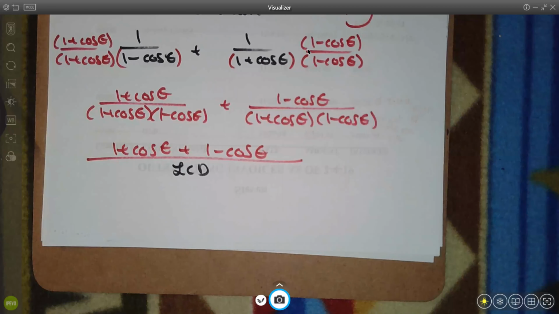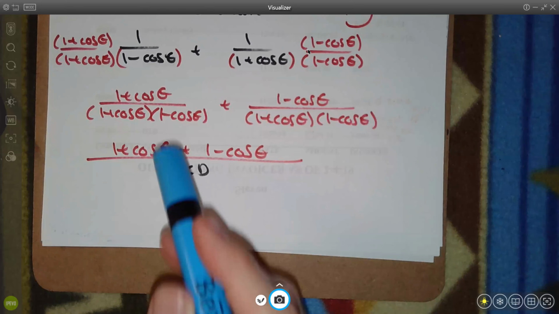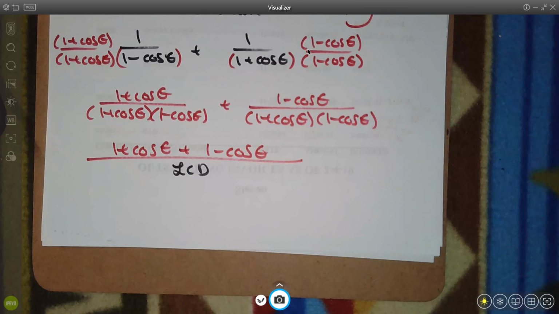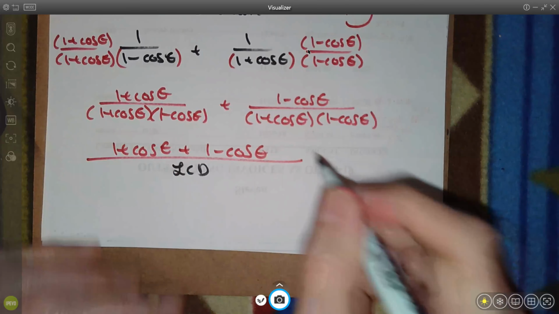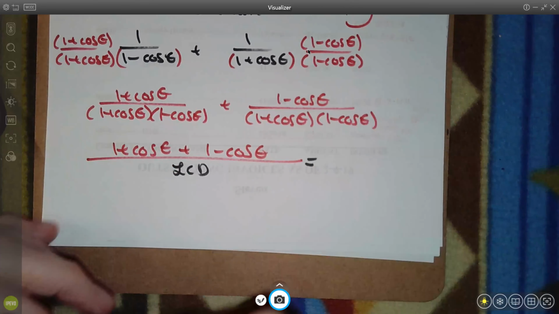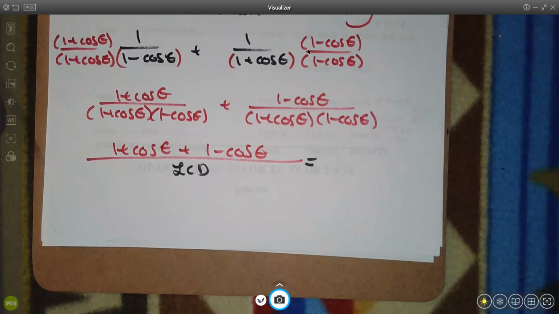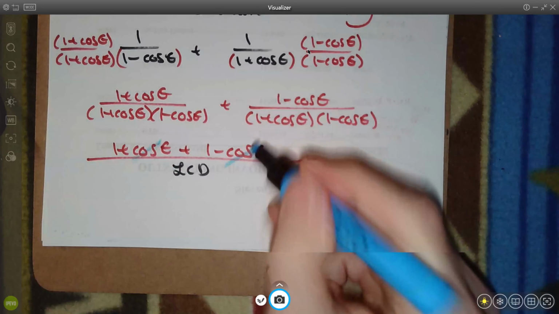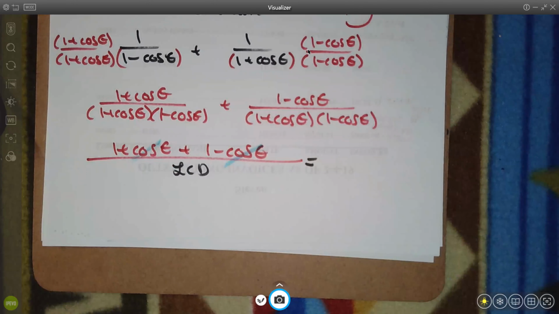So what else here? Can anyone see some simplification in the numerator? Cosine theta. Take the one itself. Eliminate. Yeah, all right, the cosine thetas disappear, right? Yes. You have a positive cosine theta and a minus cosine theta, they cancel each other out. Is there anything else that I could simplify?